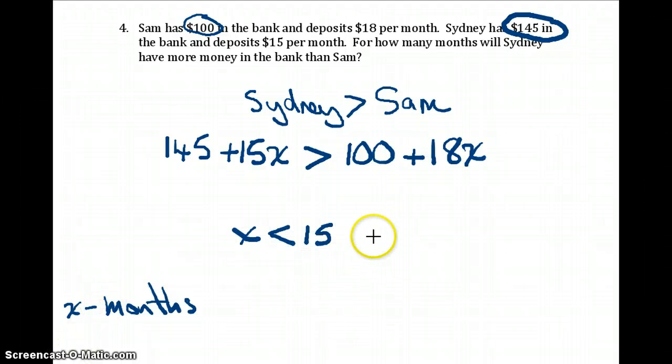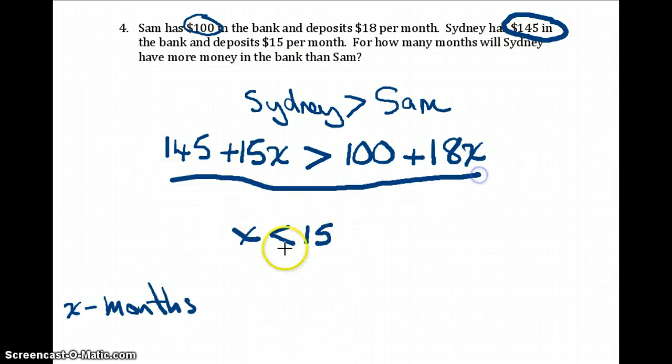And I obviously jumped a lot of steps there. So I have X is less than 15, and hopefully you got that. If you're not able to solve these, please make sure you come in for tutorials ASAP. So we have X is less than 15. So this statement is true when X is less than 15. So for how many months will Sydney have more money in the bank than Sam?